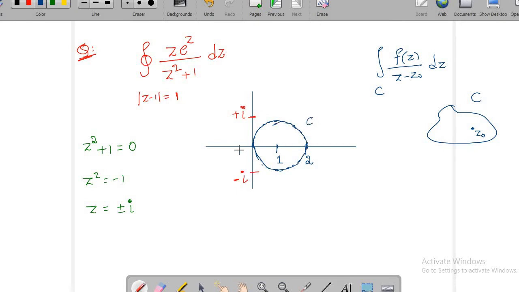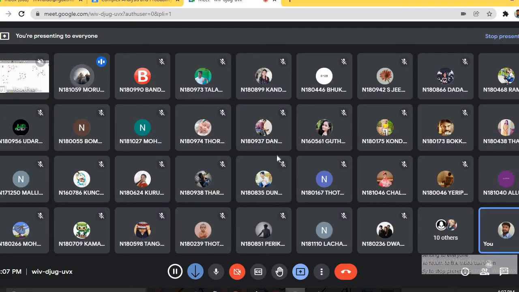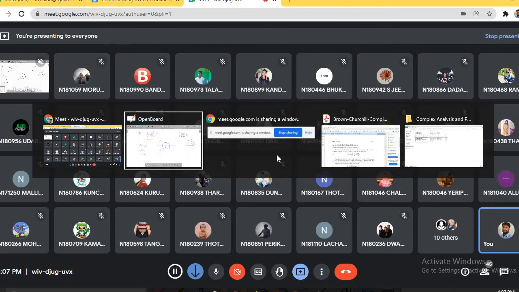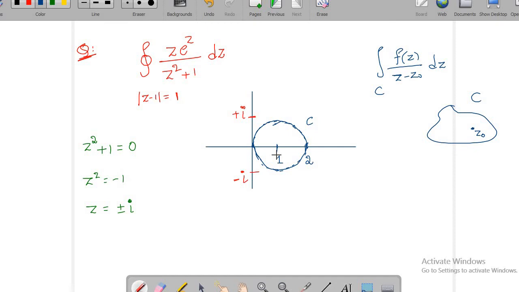Now, do you have any issue with this function inside this curve and also on the curve? Do we have any problem? No, sir. Yeah, we don't have any problem here. Then, can I apply Cauchy-Goursat theorem? What does Cauchy-Goursat theorem say?